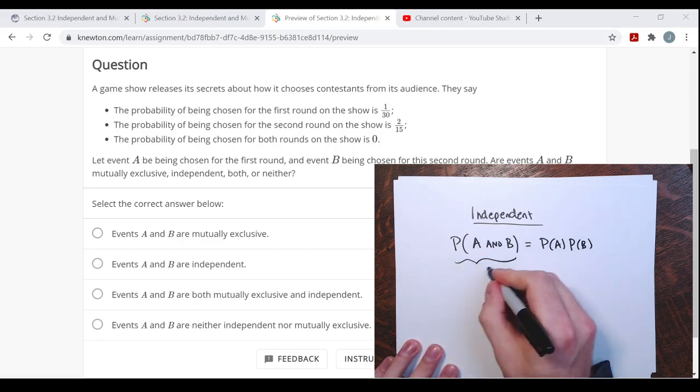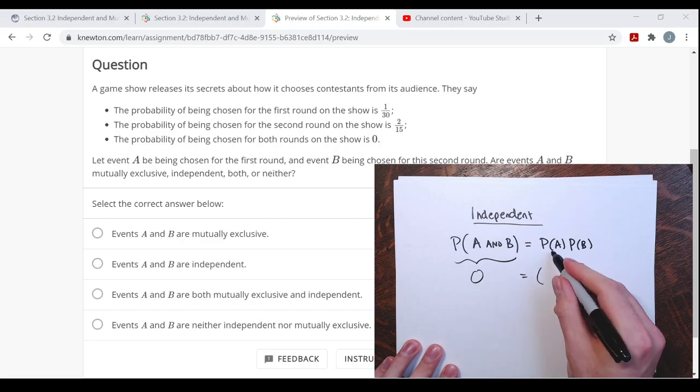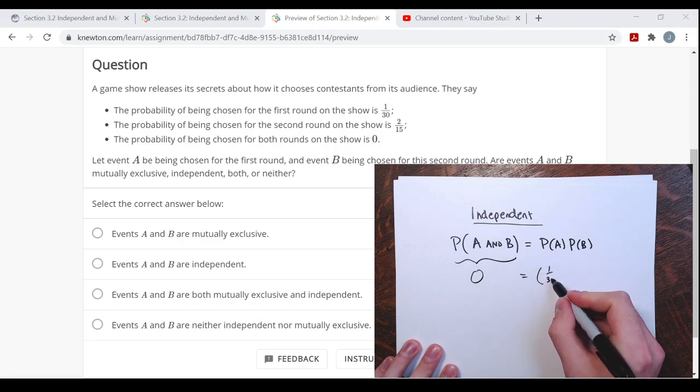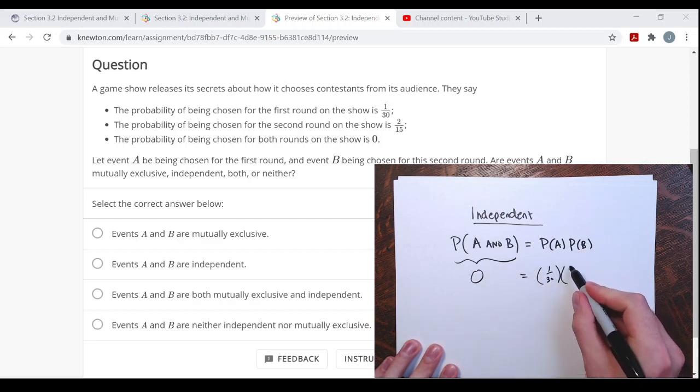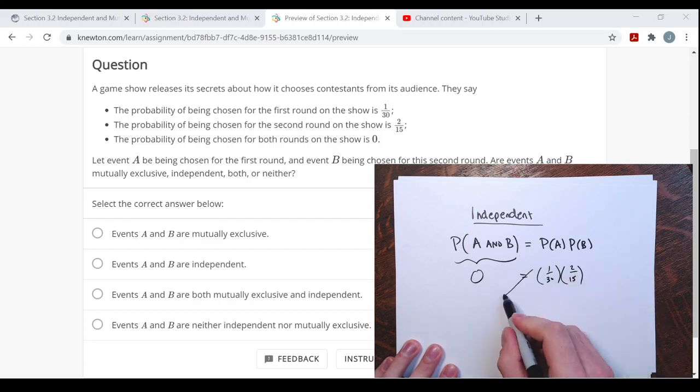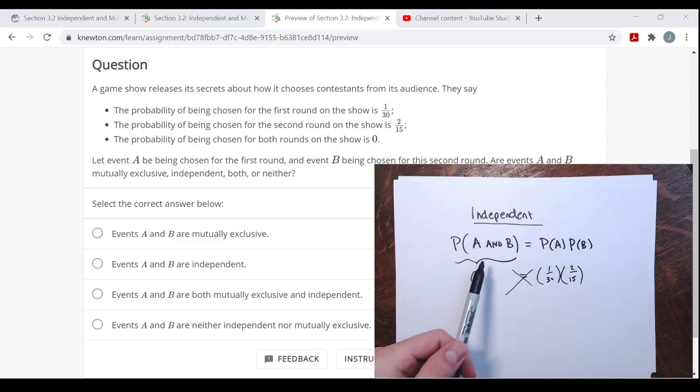This one is 0, and this one, the probability of being selected in the first round is 1/30th times the probability of being selected in the second round, 2/15ths. That's not true. 0 can't be equal to the product of two non-zero numbers. So since this isn't happening, A and B are not independent. They'd be called dependent events.